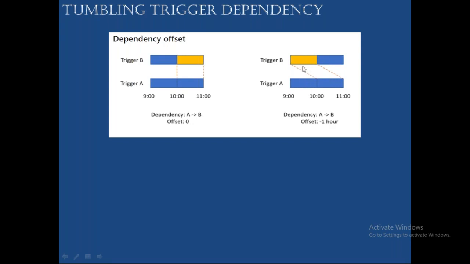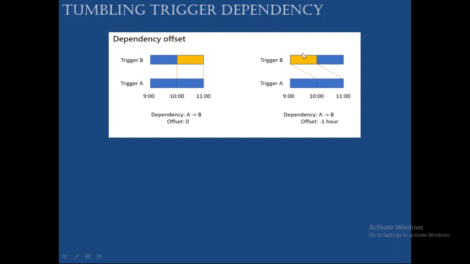If the 9 to 10 window is successful in pipeline 1, then the 10 to 11 window in pipeline 2 will execute. Based on the previous execution of pipeline 1, your current pipeline will execute.